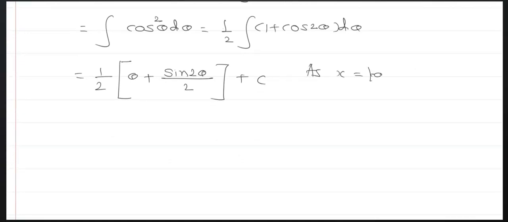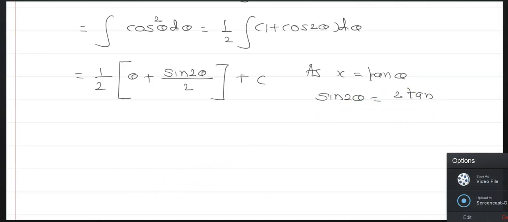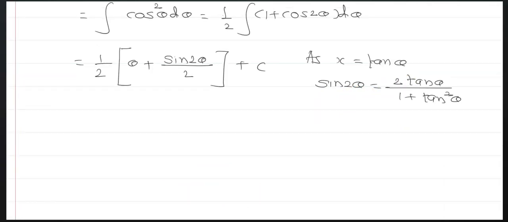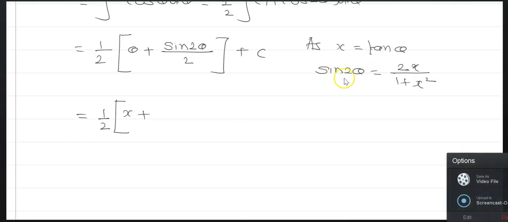As x is equals to tan of theta, therefore sine of 2 times theta is equals to 2 tan theta upon 1 plus tan square theta, that is 2x upon 1 plus x square.